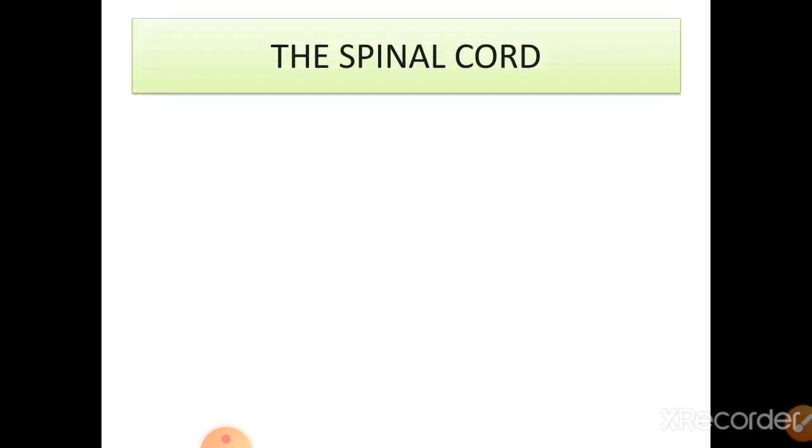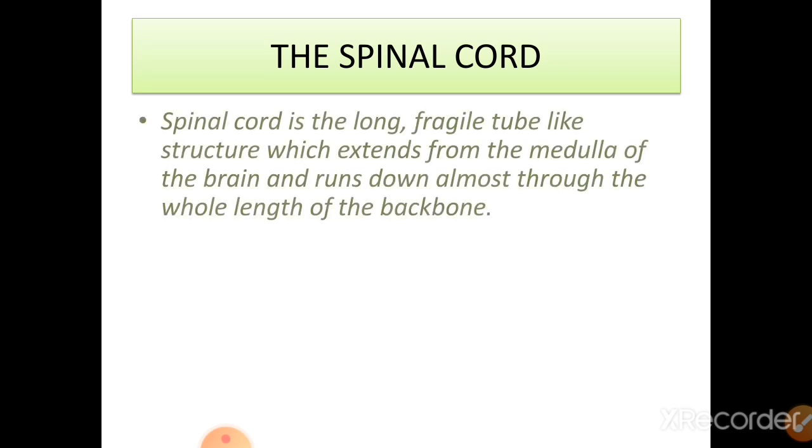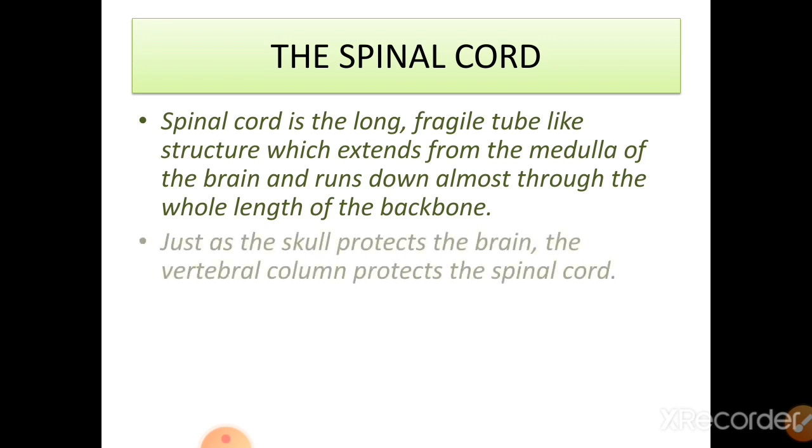Now we come to the spinal cord, which is the last part of this class. The spinal cord is the long, fragile, tube-like structure which extends from the medulla of the brain and runs down almost the whole length of the backbone. Like your brain, which I told you is enclosed in a bony structure called the skull, just as the skull protects the brain, the vertebral column protects the spinal cord.